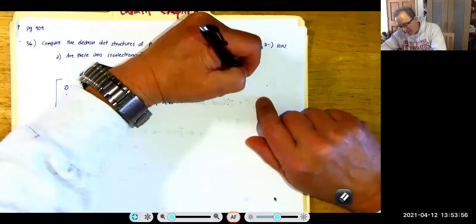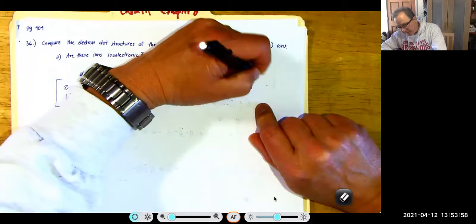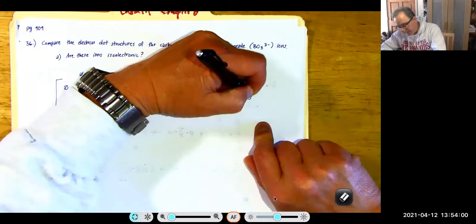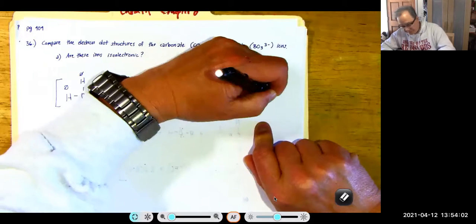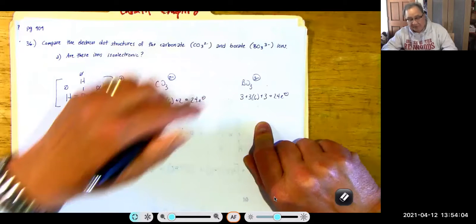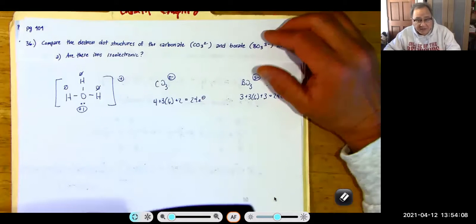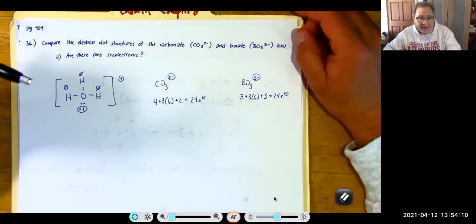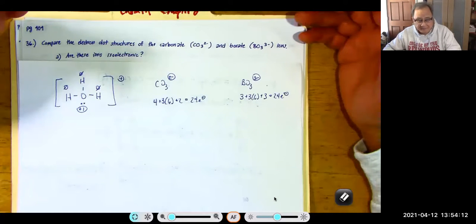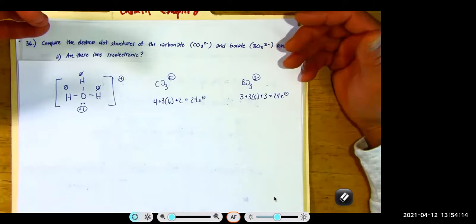BO3 3- has 3 plus 3 times 6 plus 3 for 24 electrons. So isoelectronic means they have the same number of valence electrons, but they're also arranged around the atoms in the same way. So here's what CO3 looks like.